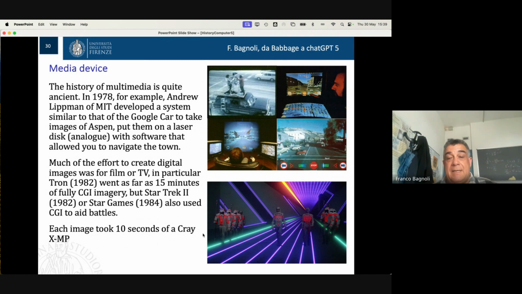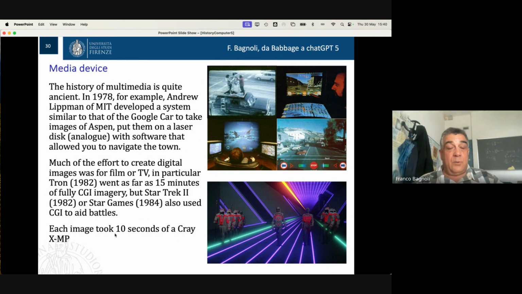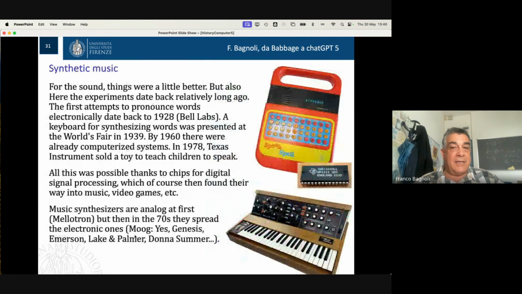But the idea was to generate all these images by software. And clearly, this was extremely expensive because at that time you needed a Cray X-MP, the most powerful computer in the world, and it took 10 seconds to generate an image, and 10 seconds on a Cray was really a large time.